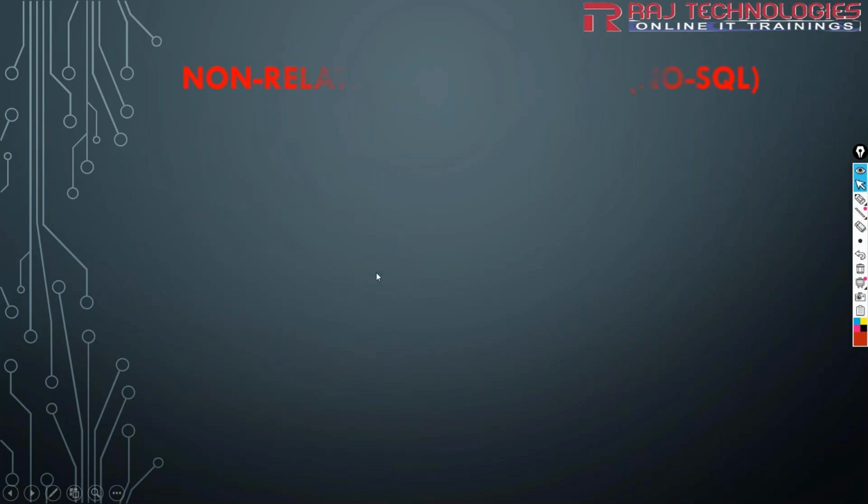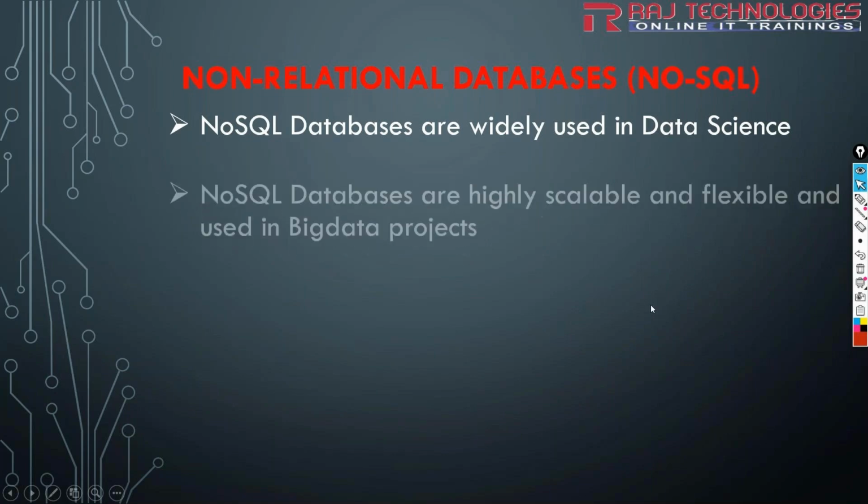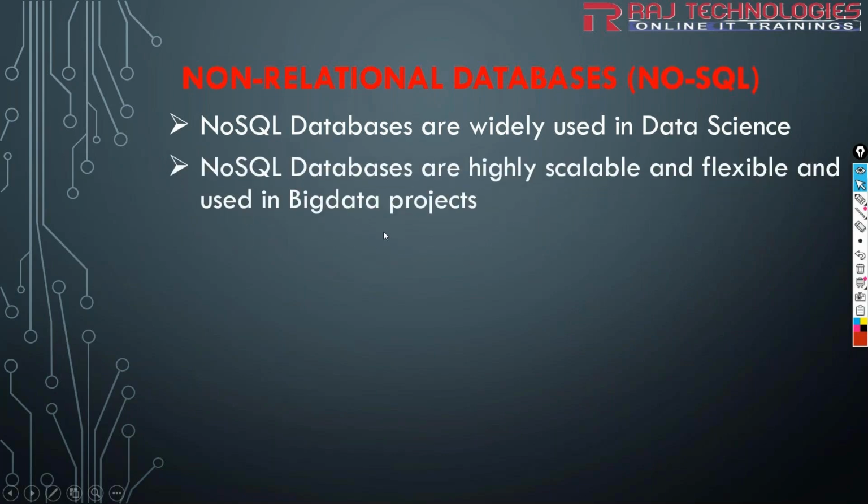Now, coming to non-relational databases, that is NoSQL. NoSQL databases are widely used in data science projects, and we can even use them in big data projects, because NoSQL databases are highly scalable and flexible. Scalable means we can store a large amount of data, and they are flexible in storing our data.